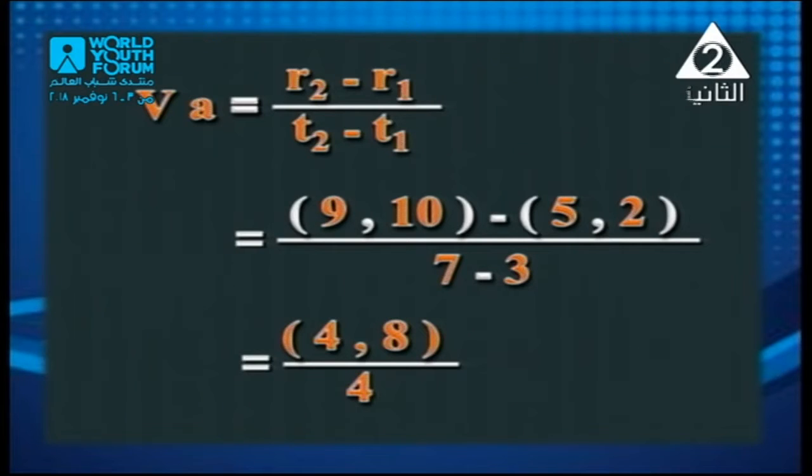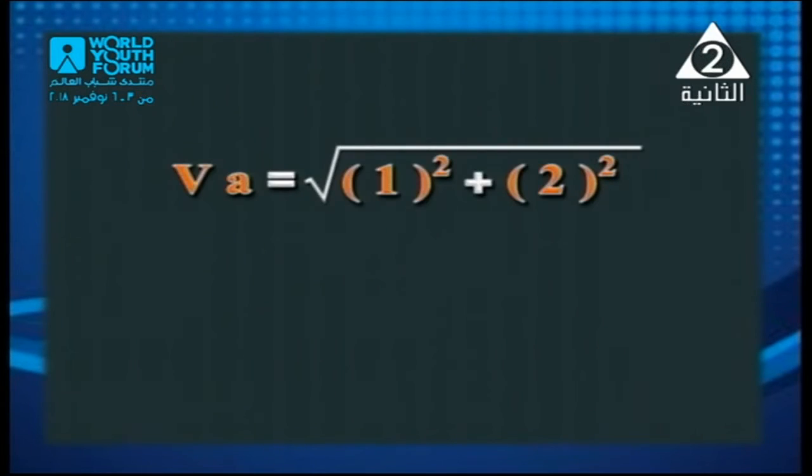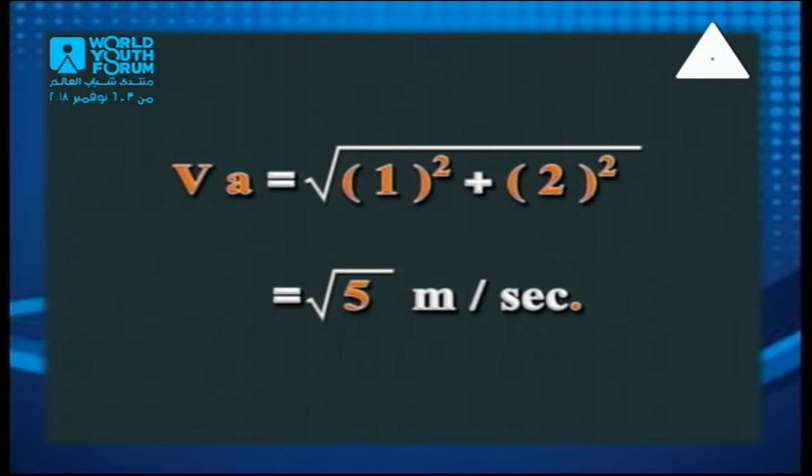The average velocity is 4 over 4 equals 1 i, plus 8 over 4 equals 2 j. The magnitude of the velocity, using the square root of the coefficient of i squared, 1 squared, plus the coefficient of j squared, 2 squared, equals square root 5 meter per second.